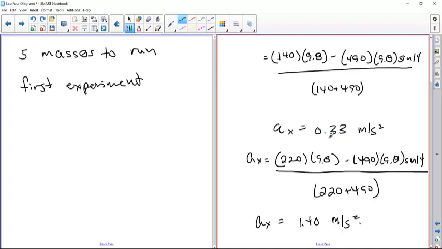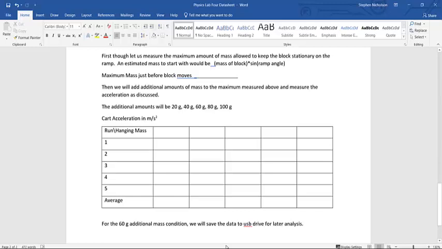Some of the ones that we've done when we just let it run down the ramp by itself have been on the order of 2 point something meters per second squared. So that was giving me an idea whether the amounts of mass that I add here, incrementally, would be appropriate. Okay, so that's it.